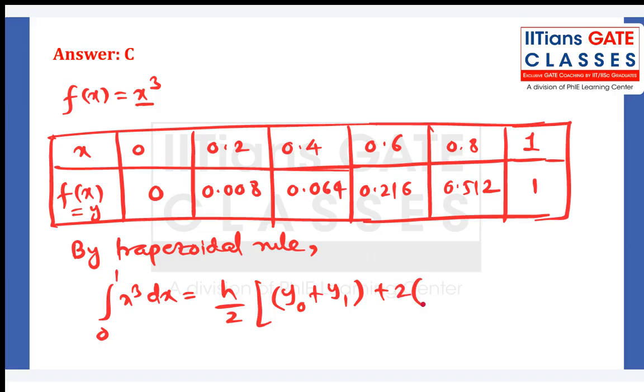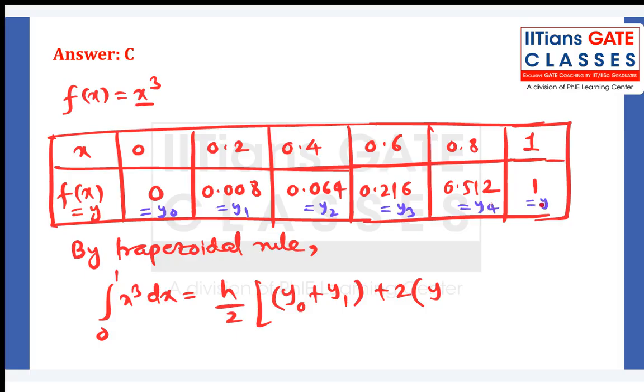See, this is your y0, this will be y1, y2, y3, y4 and y5.